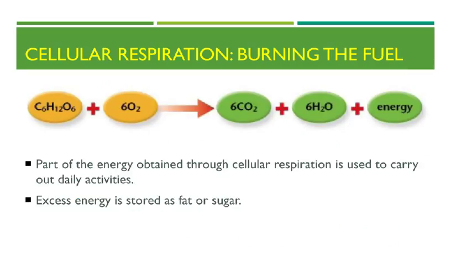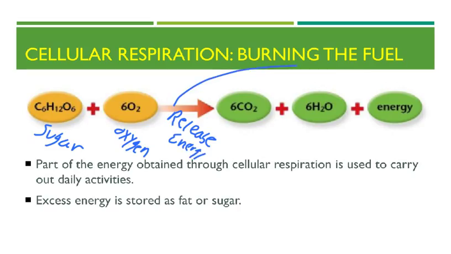If we were to map out cellular respiration, a lot like we mapped out photosynthesis, here is your sugar. Here is your oxygen. They get combined and release energy. There's the energy that's released. And they get carbon dioxide and water.